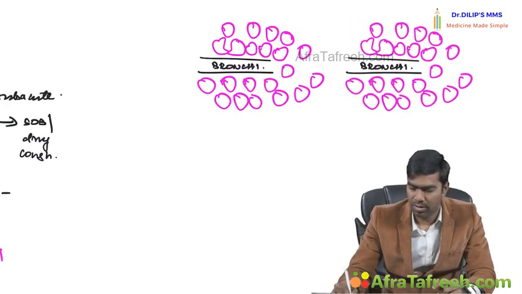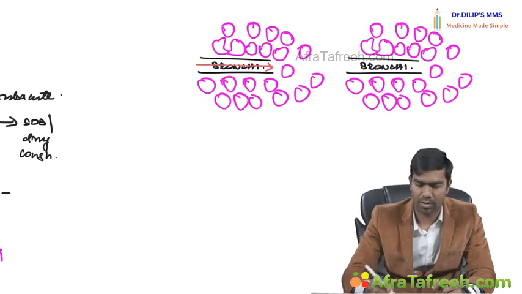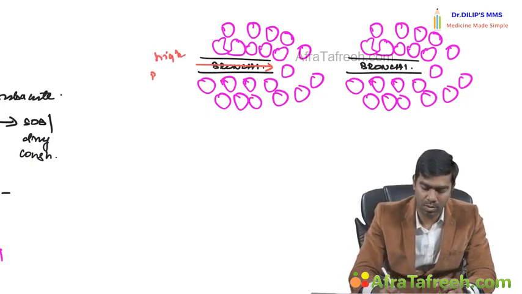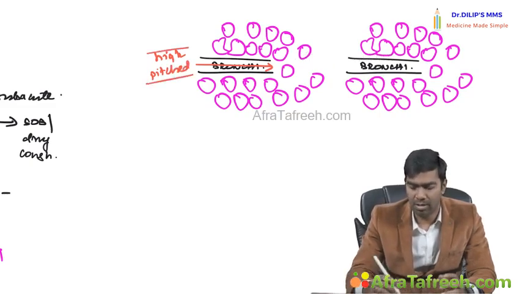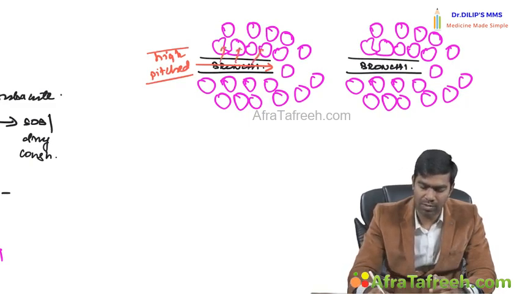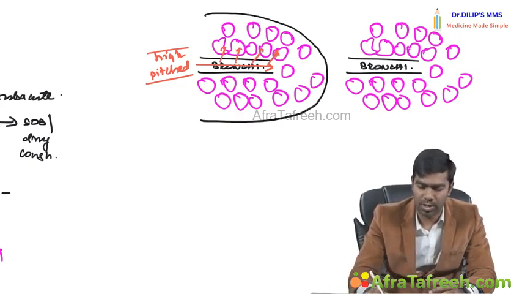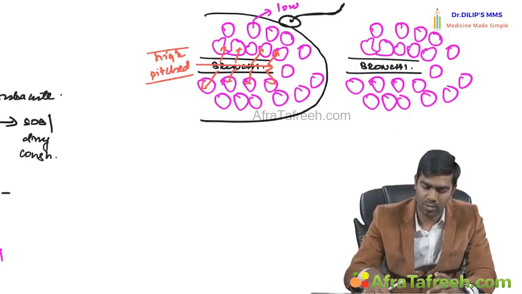Normally, when the air moves through a larger airway like a major bronchus, it is going to produce high-pitched sounds only. But as these sounds are transmitted through the alveoli to the chest wall, where you are putting a stethoscope and trying to hear, the alveoli will filter off the high-pitched sounds and transmit only the low-pitched sounds.